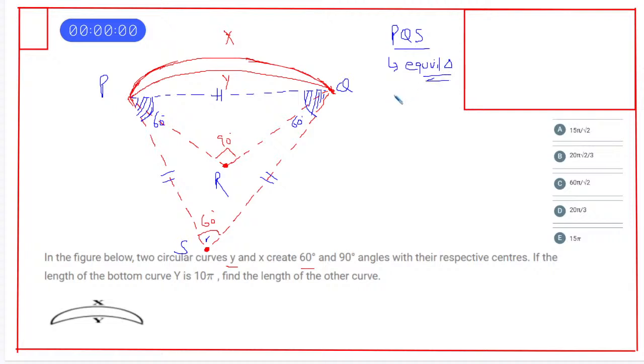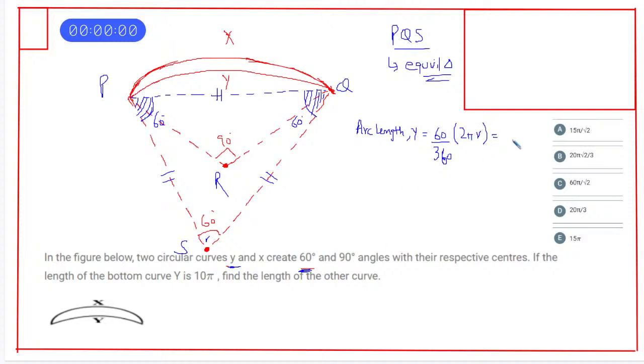And I know the value of y, the curve y. So it's like the circumference for me, the arc length. So the arc length, which is y, can be calculated with the help of, sorry, y is making 60 degrees. So the arc length would be what? 60 over 360 into 2 pi r.